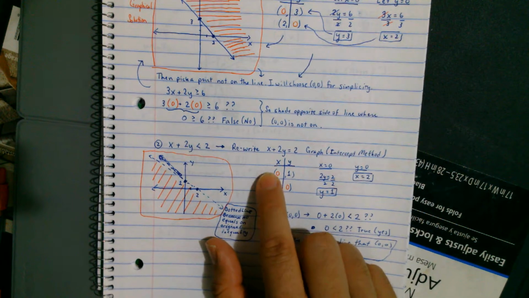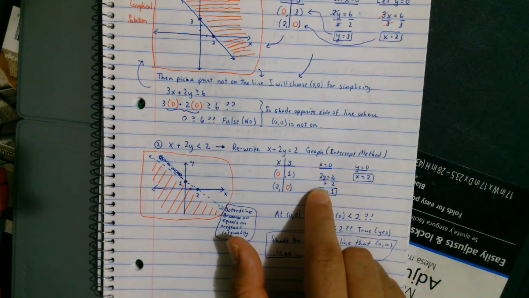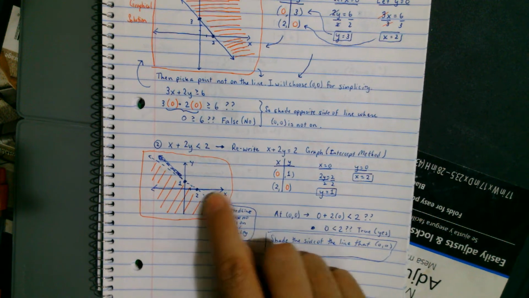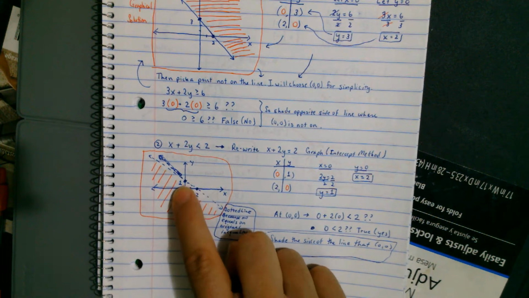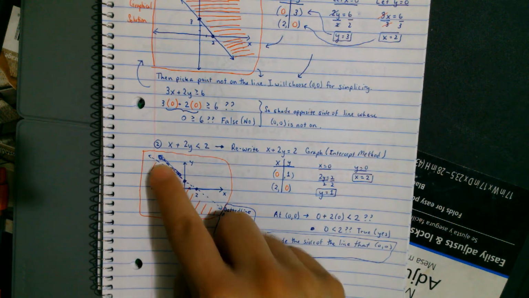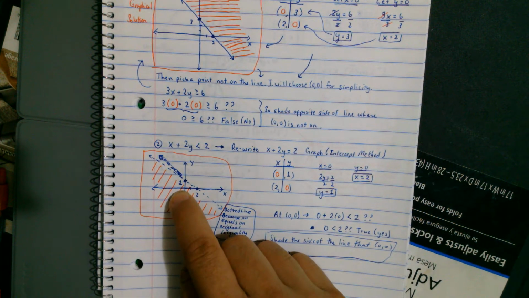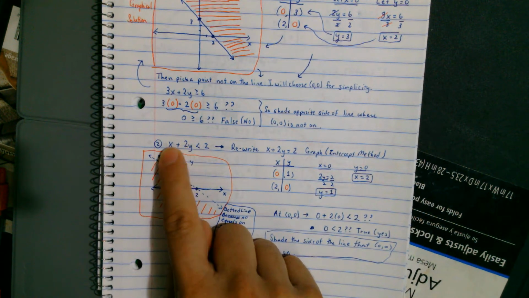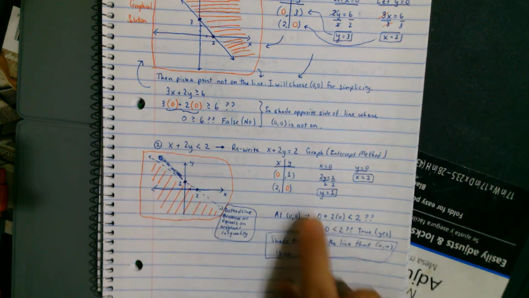So again, you pick x to be 0. Here's the work. Here you get y to be 1. You pick y to be 0, x is 2. So your points are (2, 0) and (0, 1). Connect them in dotted fashion. Notice again, (0, 0) is clearly not on the line. So we plug in a 0 here and a 0 here. 0 is clearly less than 2.